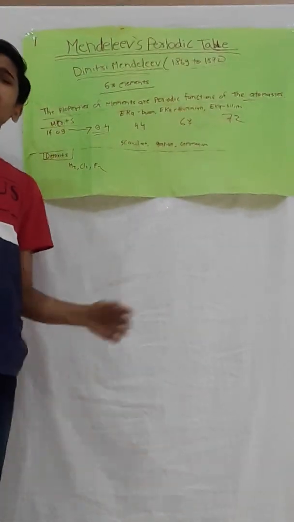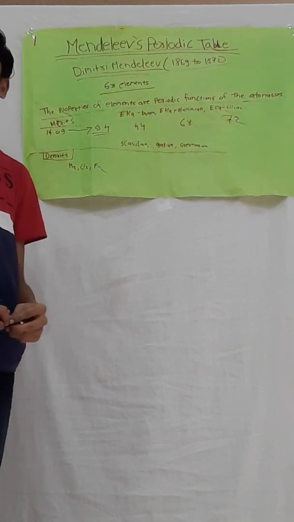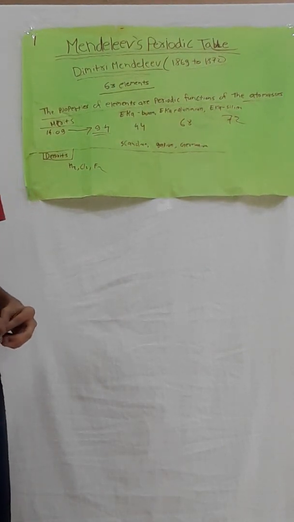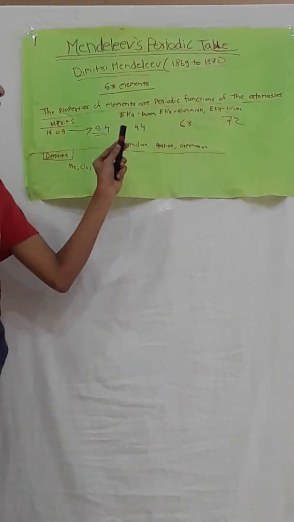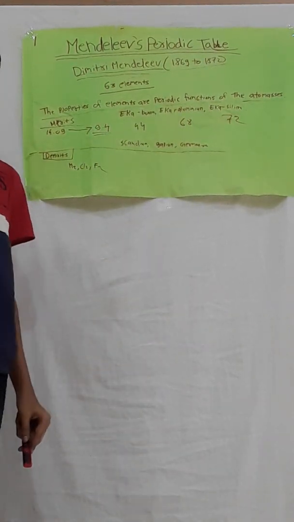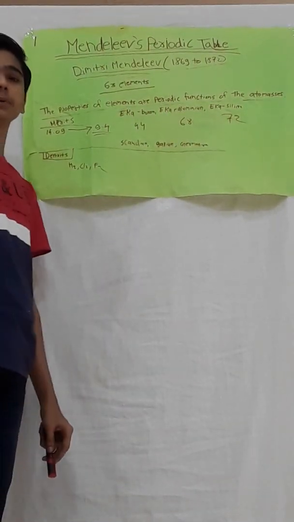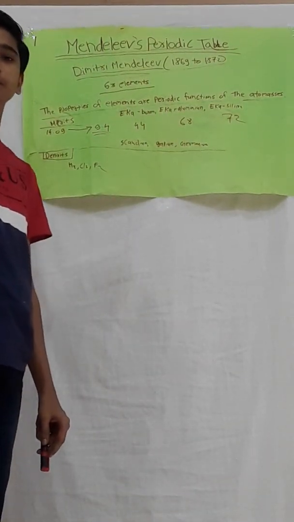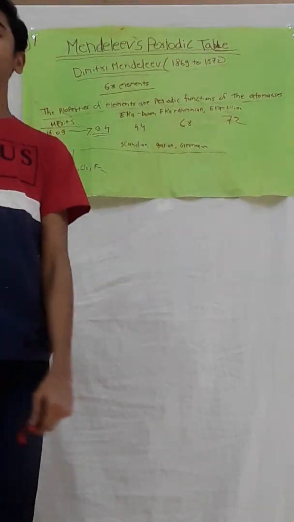Later on, he could not give proper reserved places for noble gases in Mendeleev's original periodic table. He made a zero group for the noble gases and attached it to the original table of the Mendeleev periodic table. So now we will study the demerits of the Mendeleev periodic table.